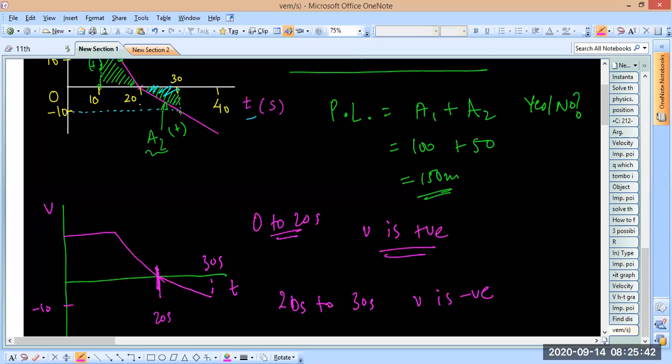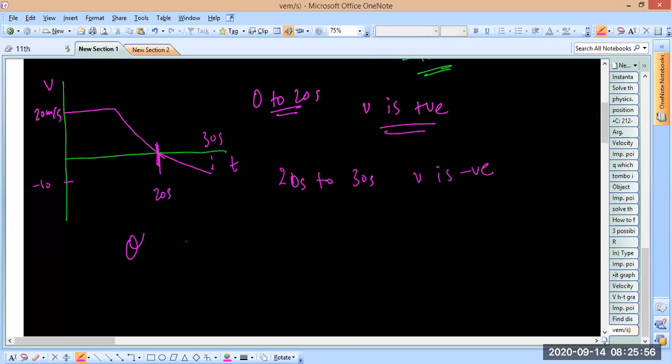Over here the velocity is positive from 0 to 20 second. I hope you remember this sentence: object moves in direction of velocity. Object moves in direction of velocity, isn't it?